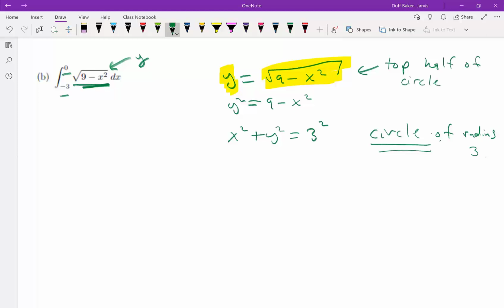If you wanted the bottom half, it would be the negative version. This would be the bottom half. Because a circle isn't actually a function, right? So it actually has multiple pieces. But here what we're working with is the top half. This is not what we want.